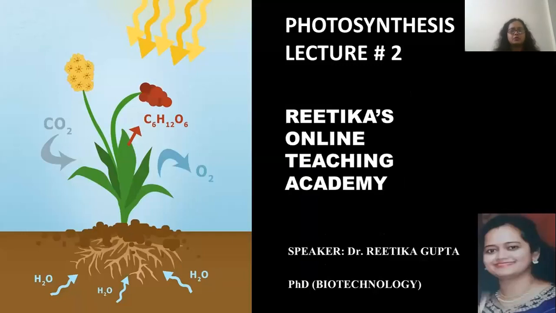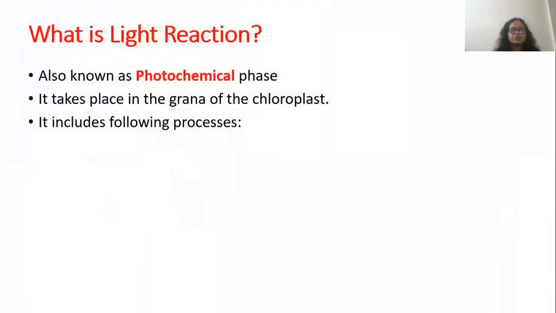Okay, so now my second lecture contains information about the light reaction. First we will learn what is light reaction. Light reaction is also known as the photochemical phase and it occurs in the grana of chloroplast. It includes the following processes. First is light absorption.